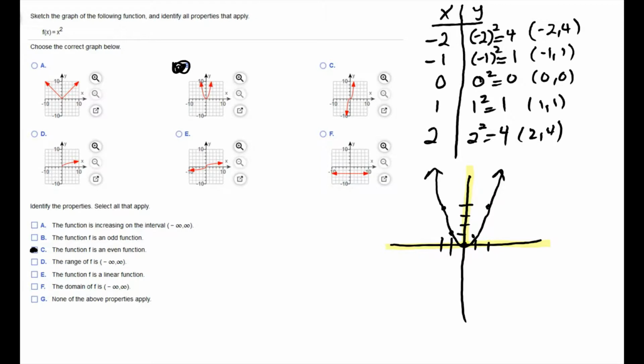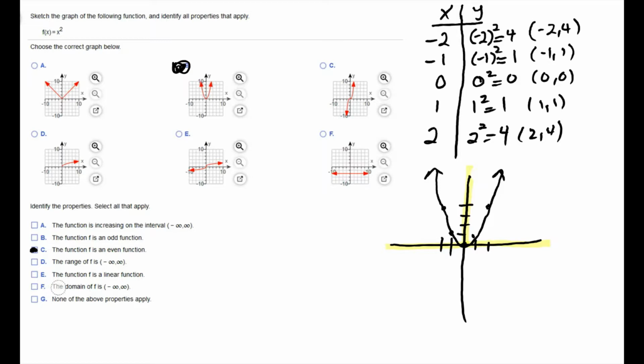So that means my range doesn't cover from -infinity to +infinity. So I would not select that choice. The next one says the function is a linear function. A linear function is when your graph is a straight line, and this graph is a curve. So I would not select that statement.